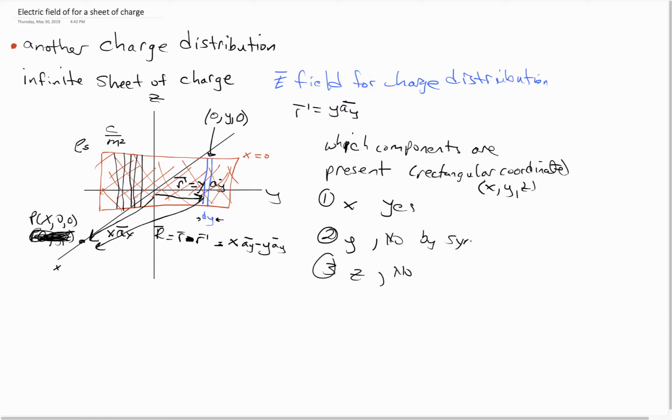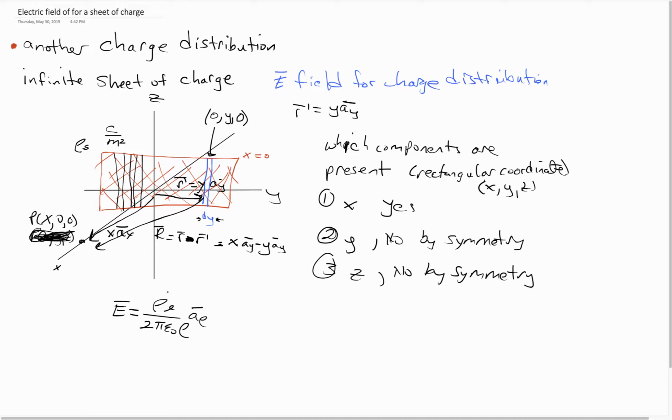So we only have to work out what the x component of the electric field is, how I've set it up. And so, like I said, we're going to divide this into an infinite number of line charges. And the formula for the line charge, again, was rho L over 2 pi epsilon 0 rho, A rho.